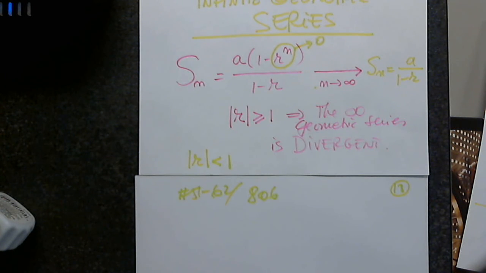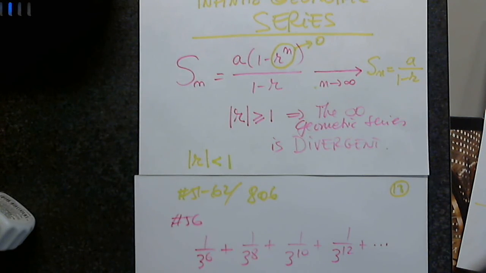Okay, let's say 56. 1/3 to the 6th power plus 1/3 to the 8th plus 1/3 to the 10th plus 1/3 to the 12th plus dot, dot, dot, and it goes on forever. Determine whether the infinite geometric series is convergent or divergent.